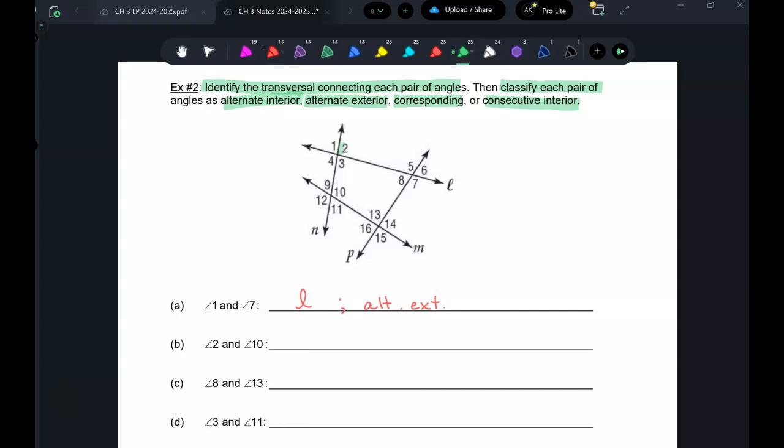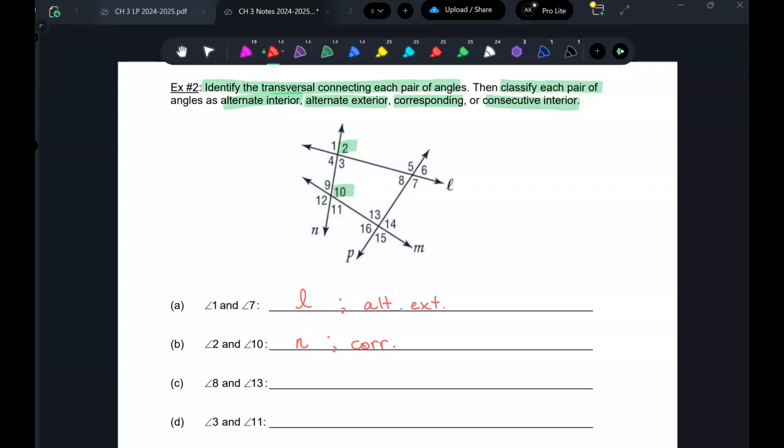Okay. Next one, 2 and 10. I'm ignoring this one, so the transversal is line N. And we already said it was corresponding. Wait, what is corresponding? Corresponding is if you shift these angles up here, they would be in matching positions.